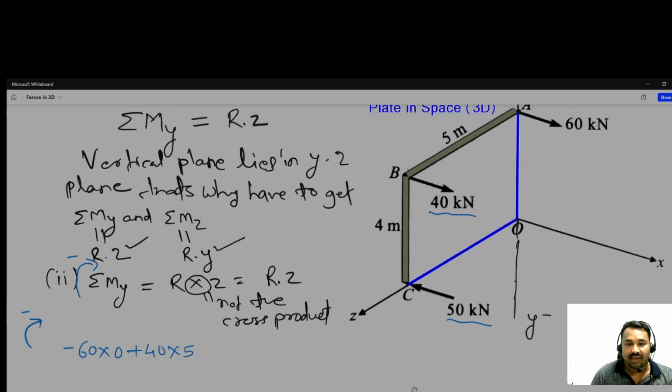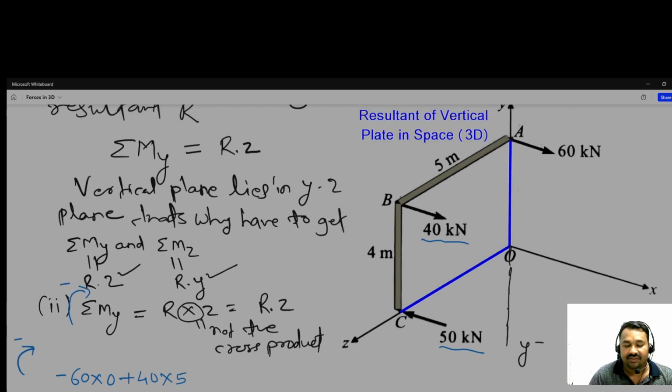You can see this 40 kilonewton, and the perpendicular distance is this one, this 5 meter. That's why we are multiplying by 5. And similarly for this 50 kilonewton, here it is acting, so the distance from here to here is 5.